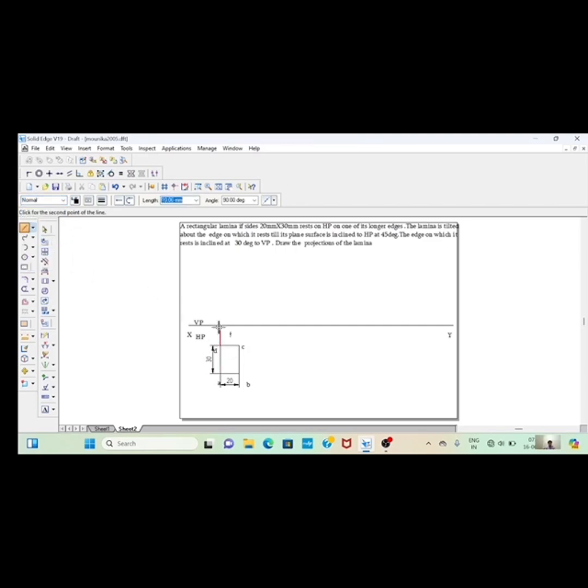Project from AD to the XY line and BC to the XY line, as B and C are on the same plane. Now using a visible line, join the two projected points.